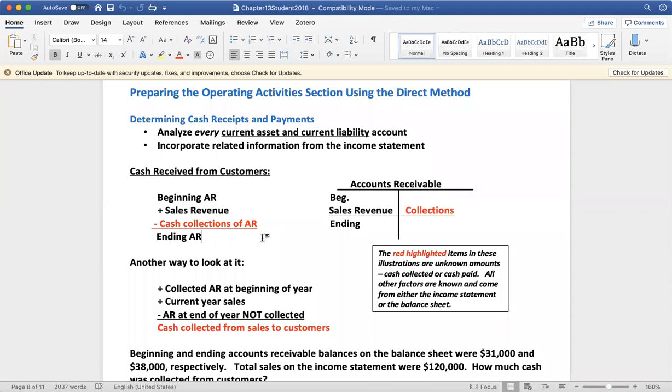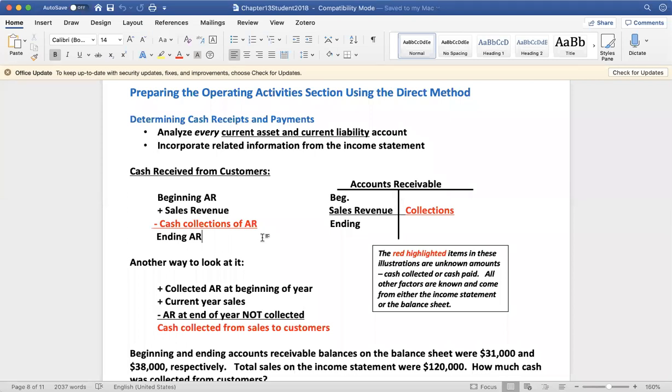And what will increase our accounts receivable is when we sell more, right? If we increase sales revenue, it will add up to our accounts receivable. And then if we use beginning accounts receivable plus sales revenue, that is going to be the total amount of accounts receivable of this period.